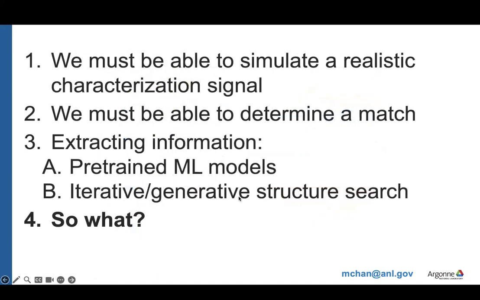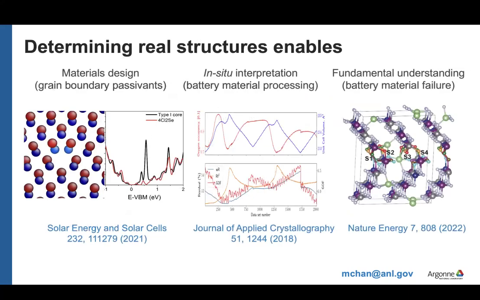This is our program we have been working on. So what's the big deal? For people who do computation, it may not be necessary to emphasize, but I like to put it in for completeness. When you have a realistic structure, you can do materials design. We have this paper where we have a cleanish dislocation core structure, but even with a messy structure, you can do the same thing.